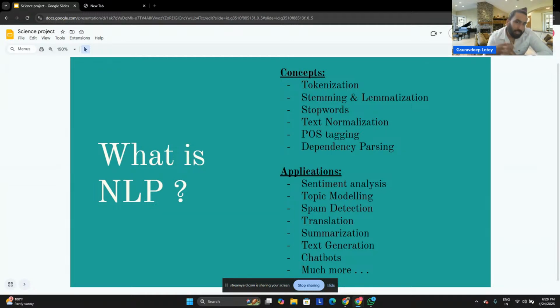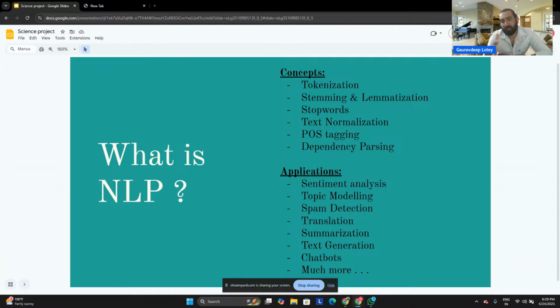Then there is text modeling. Maybe we want to understand what a particular blog or article is all about, give it a title, or classify it. We have spam detection, which works with your emails. You might have seen certain spam mails that you get. Translation is yet another widely accepted and popular application of NLP. Summarization, text generation, chatbots, and so much more, right?